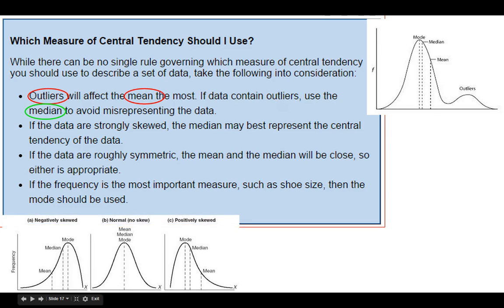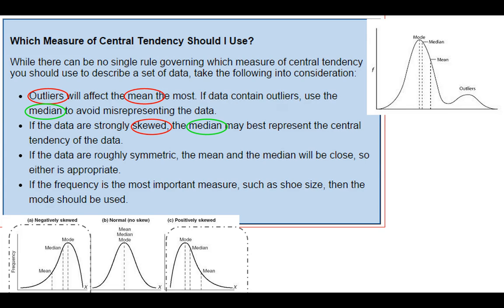Now, if we have data that is strongly skewed, take a look at the outlines that just appeared around the graph on the bottom. We can have a negatively skewed distribution and a positively skewed distribution. If the data are strongly skewed, again, we may very well be better off using the median to represent the central tendency of the data.